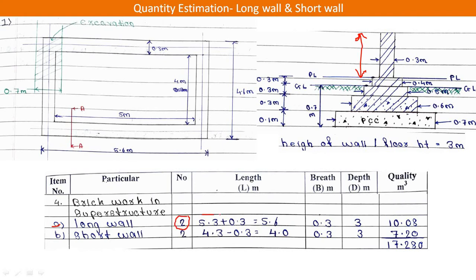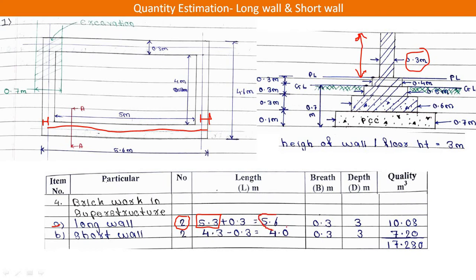The center length of the long wall is 5.3 meter, plus the width of the wall, 0.3 by 2 here and 0.3 by 2 here. So it comes as 5.3 plus 0.3.